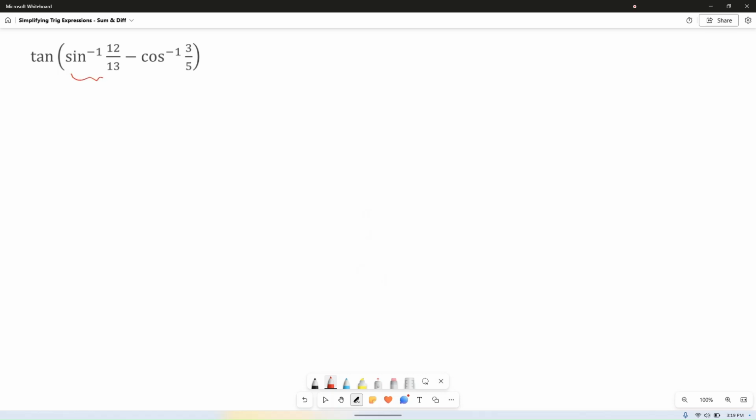So think of this inverse sine of 12/13 as some angle A, and think of the inverse cosine of 3/5 as some angle B. That really just means that we're looking at the tangent of A minus B. And our identity for the tangent of A minus B is the tangent of A minus the tangent of B, all divided by 1 plus the tangent of A times the tangent of B.